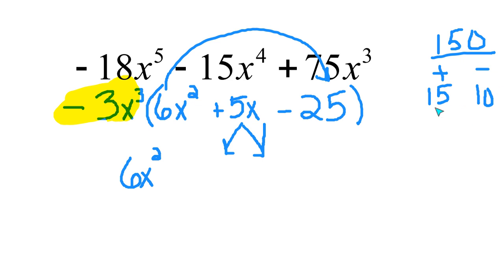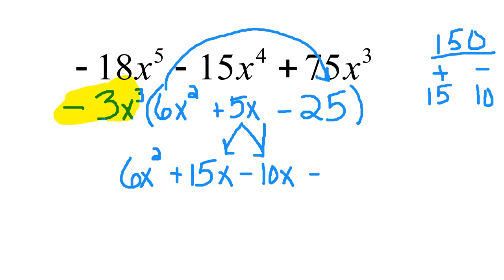We will get the same answer either way. I'm going to randomly select 15, and then I have to attach an x to the positive 15. Then I'm going to write the integer negative 10, and I'm going to attach an x. Lastly, we bring down the negative 25.